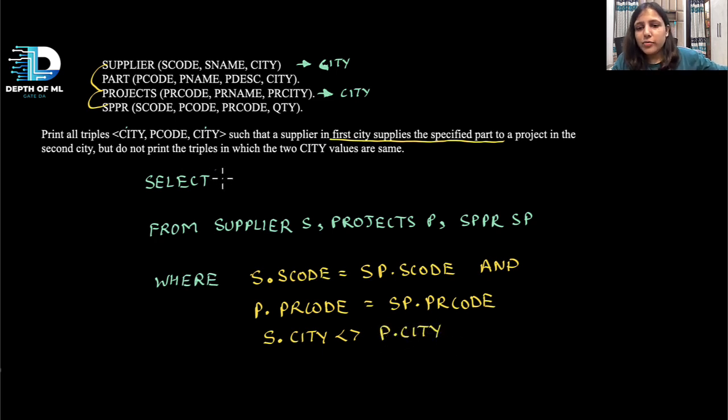And we have to take in S dot city, then we have P code, and it is better to use SP dot P code, and you can use aliases properly to rename them, and this is P dot city. So this is how you will write the final query.